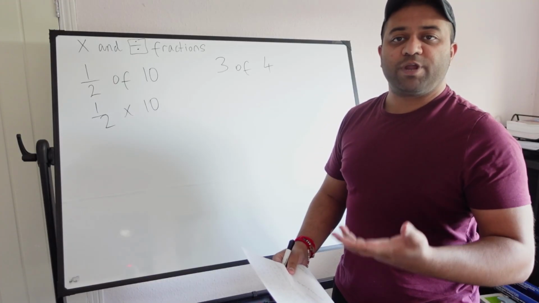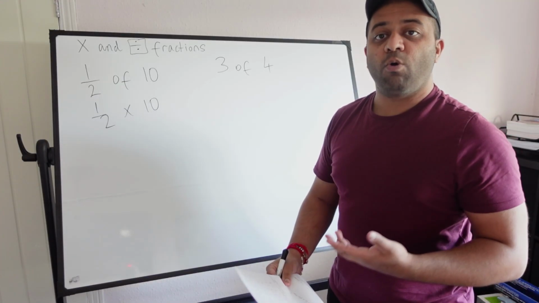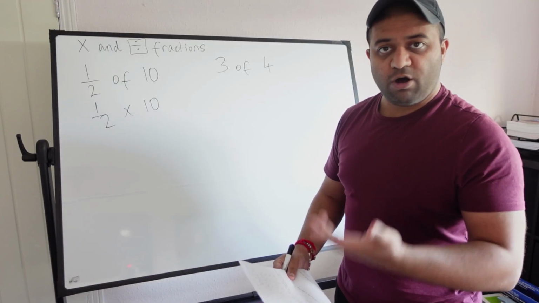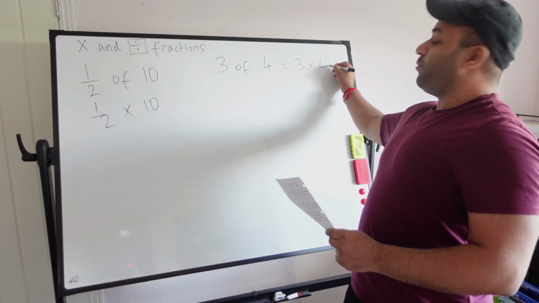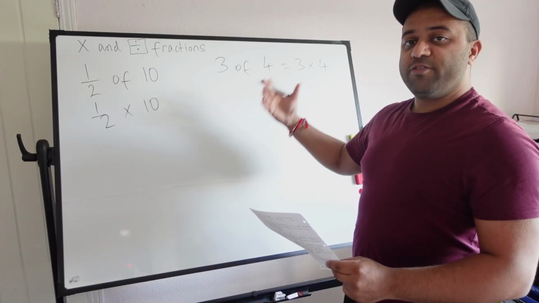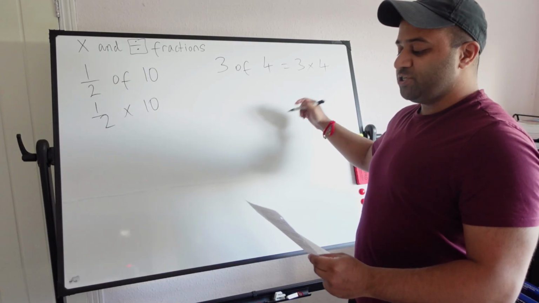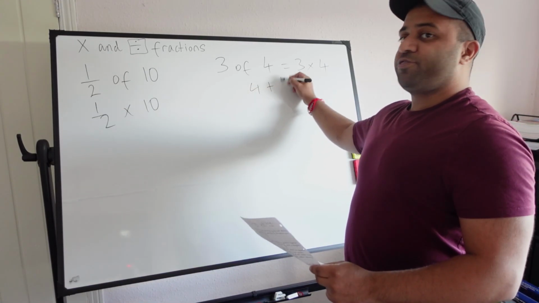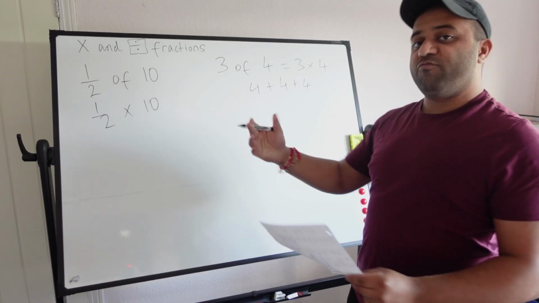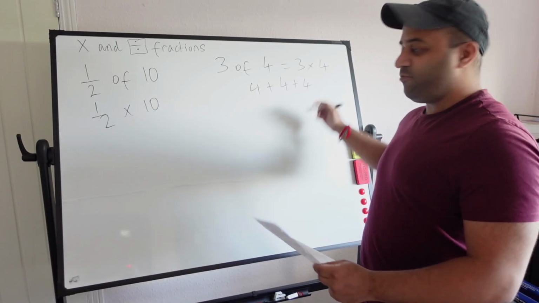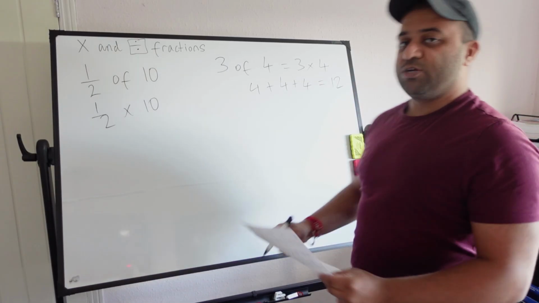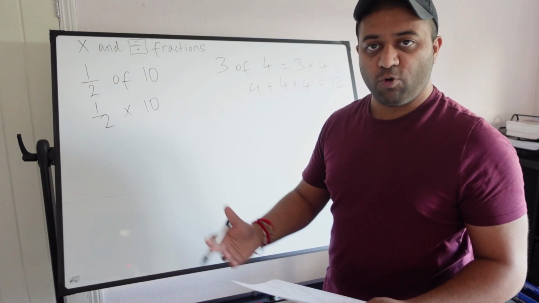If I have 3 of these 4s, or 3 lots of the number 4, now we can see why the of is equivalent to multiplication. And so I would have 3 of these 4s, and together this would give me the result of 12, which is equivalent to 3 multiplied by 4.